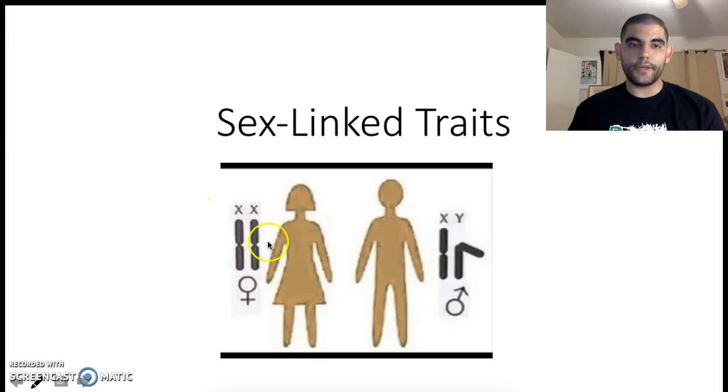For example, women usually have two X's, so any trait carried on these chromosomes is going to be considered a sex-linked trait. On the other hand, if there was a male, any traits carried on the X and the Y chromosomes are also going to be considered sex-linked traits. And of course, they're passed on from generation to generation.